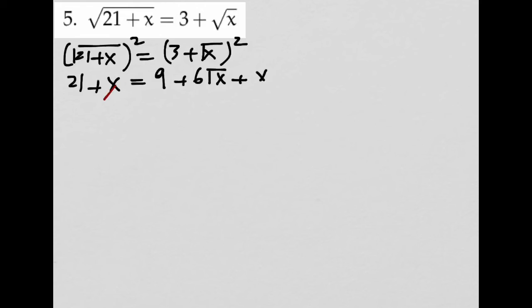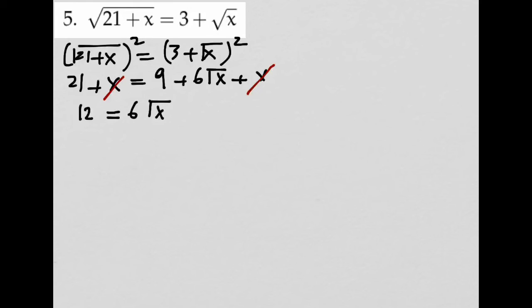Notice that x and x cancel each other out, and we're left with 21 minus 9, which is 12, equals 6 square root of x.